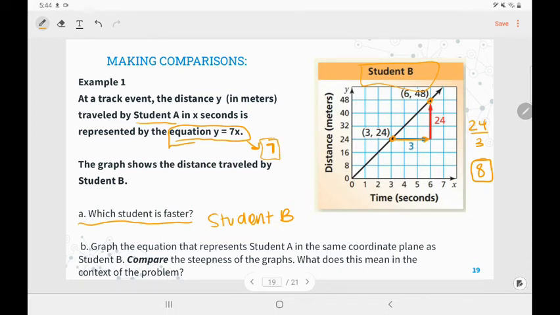So I would want to rise 7, so here's 8, so I want to rise 7 and run 1, so I would plot my point, rise 7, which is up to 14, and over 1, and plot my point. So notice the student who runs faster is a student that has a steeper line.